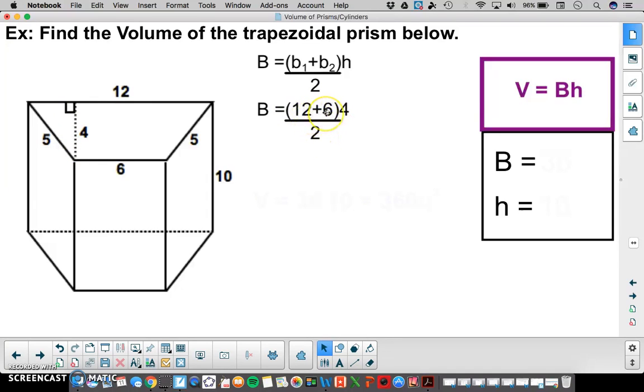So 12 plus 6 is 18. 18 times 4 is 72. 72 divided by 2 is 36. The lateral edge, or the height of this prism, is the length between the two bases, which is 10. So the volume is 36 times 10, which is 360 cubic units.